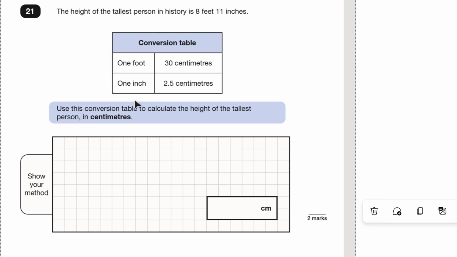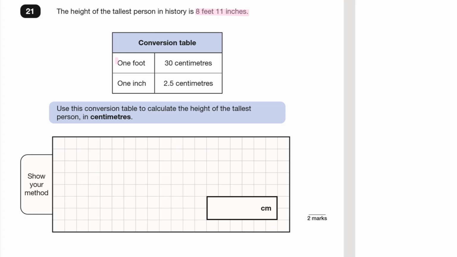So we're given a conversion table, and it wants us to use it to calculate the height of the tallest person in centimetres. So we are changing our feet and inches into centimetres.